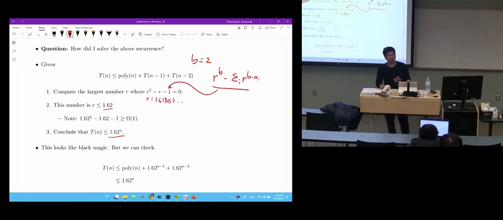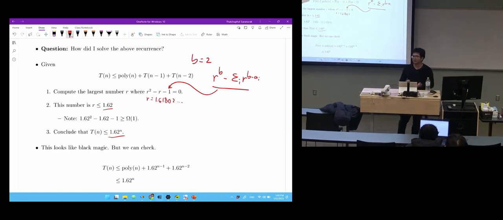Whenever you guess some answer to the recursive equation, or someone tells you that this is the case, although you don't know how that person came up with the result, you can check just by induction, right? It always works. Just do it by induction.